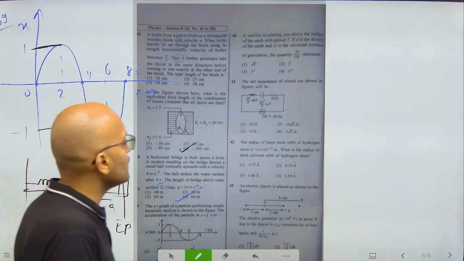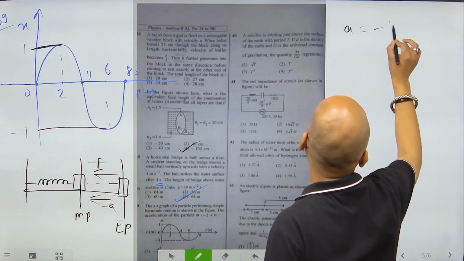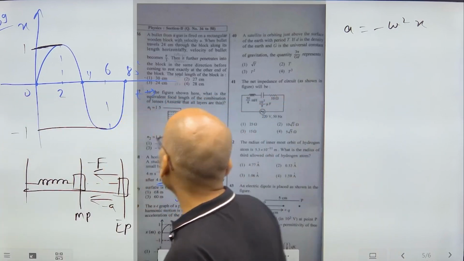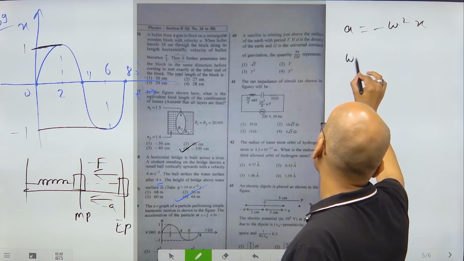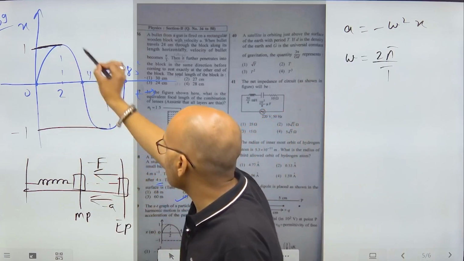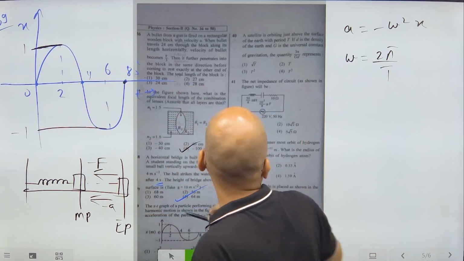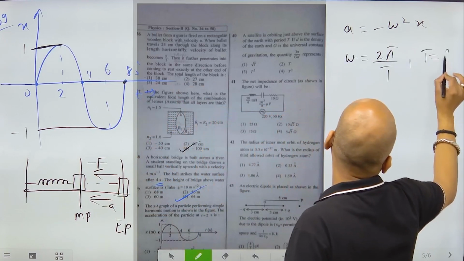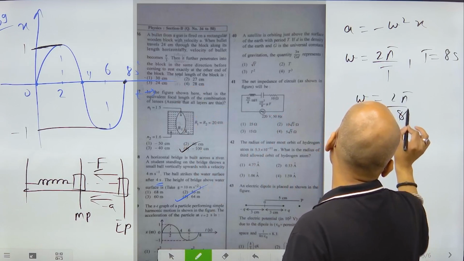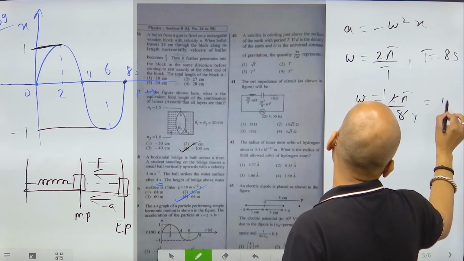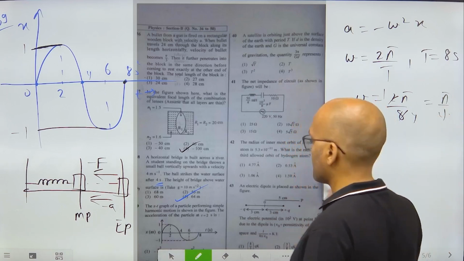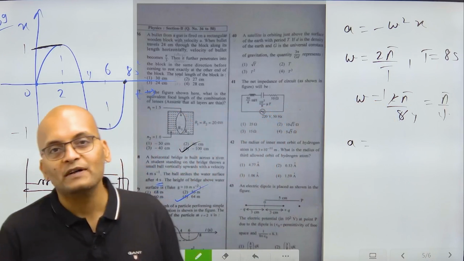Acceleration is given by the formula minus omega square x, and omega is equal to 2 pi upon time period. See, this is one cycle, so time period is 8 seconds. So omega is 2 pi upon 8. Omega comes out as pi by 4.